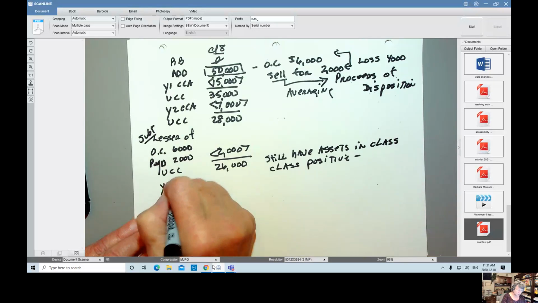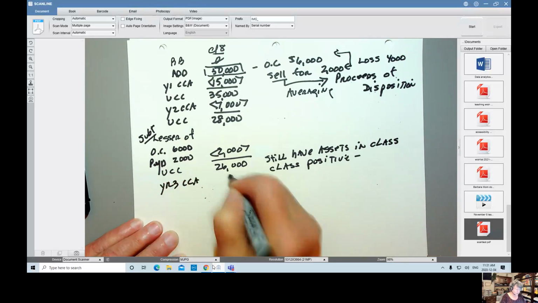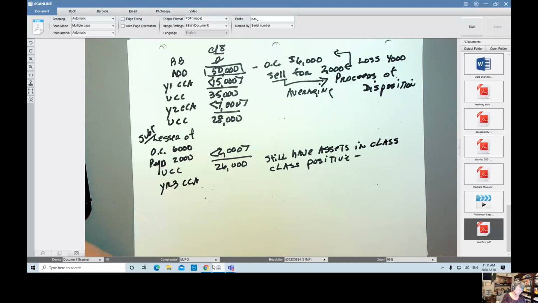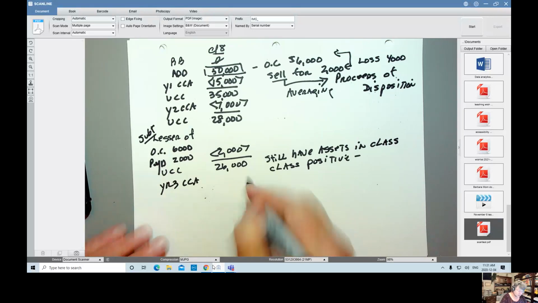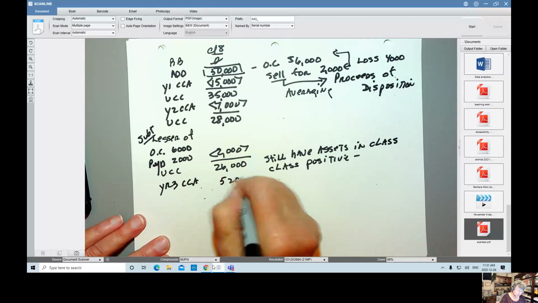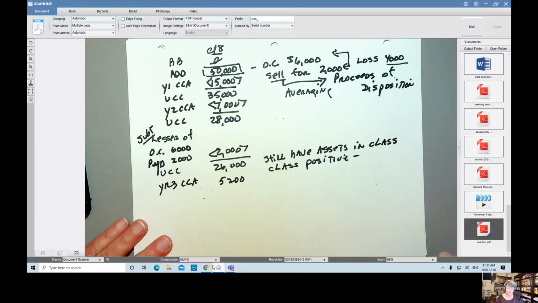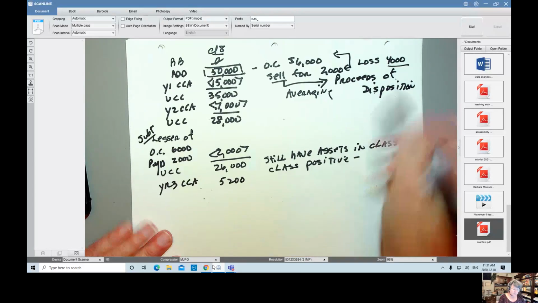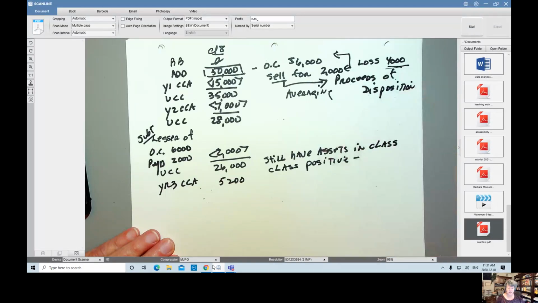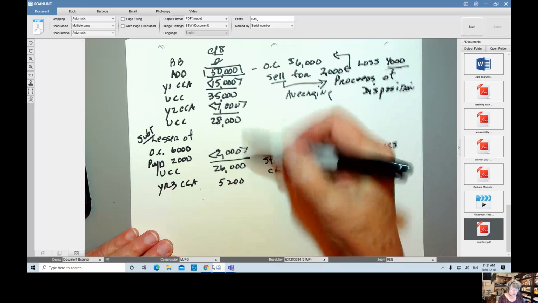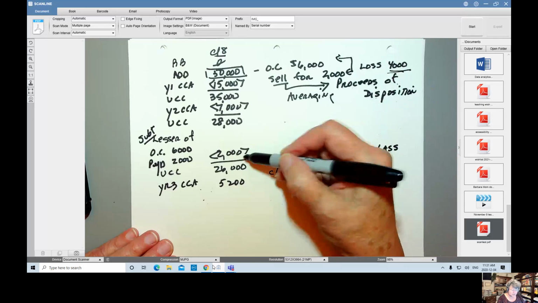So year 3 CCA would be 20% of the 26,000, or 5,200. Now what's happening here is that 4,000 decrease in usefulness, instead of being deducted in the year of sale, is being deducted through CCA, because notice that 4,000 is still sitting in the UCC balance.